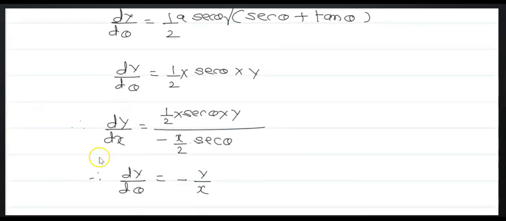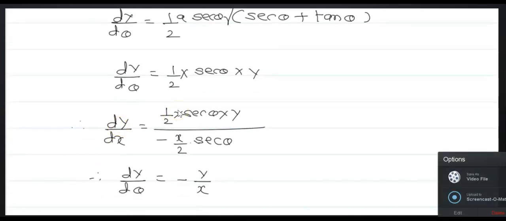Very simple answer. Dy by d theta is equal to 1 upon 2 sec theta into y, and dx upon d theta is minus x upon 2 into sec theta. Therefore dy by dx is equal to minus y upon x.